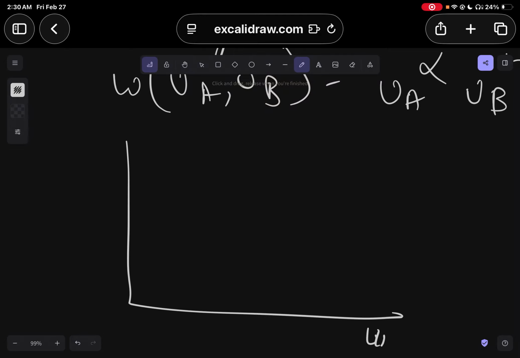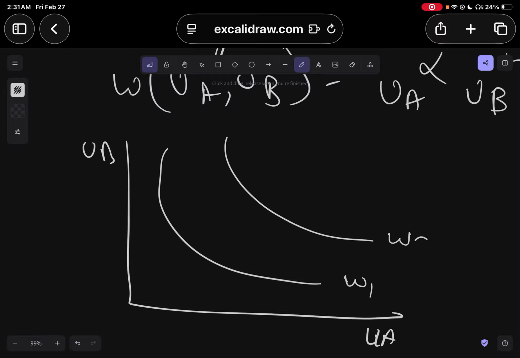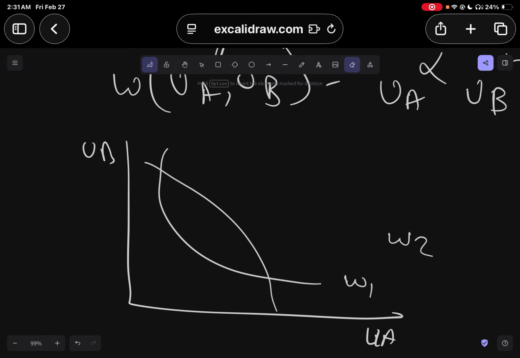UA, UB, this is W1, this is W2, so this point is the optimal point for Pareto efficiency, or bliss point.